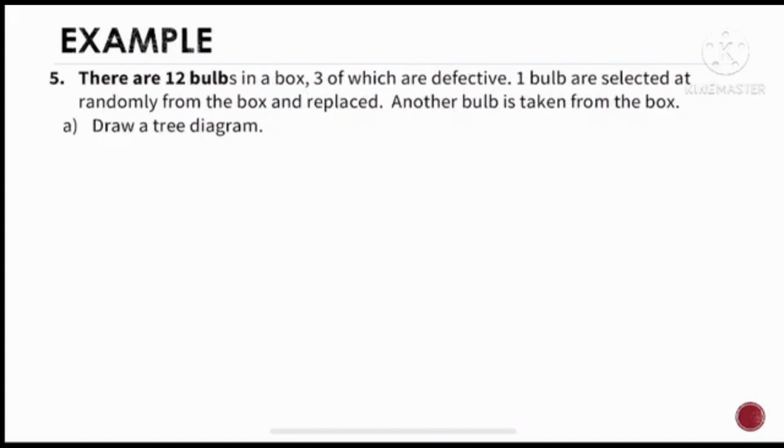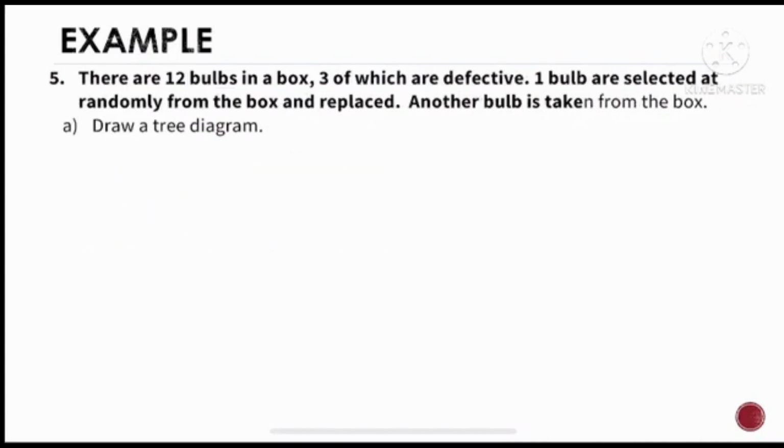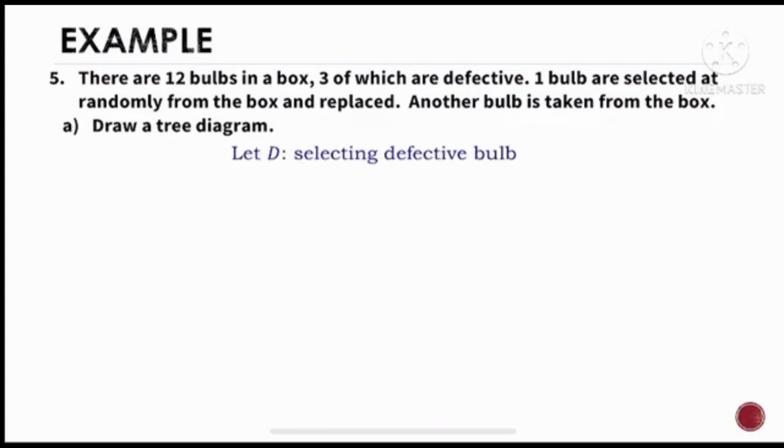Example 5 is, there are 12 bulbs in a box, 3 of which are defective. One bulb is selected randomly from the box and replaced. Another bulb is taken from the box. Draw a tree diagram. Before we draw the tree diagram, we define the event first. Let D be the event of selecting a defective bulb.